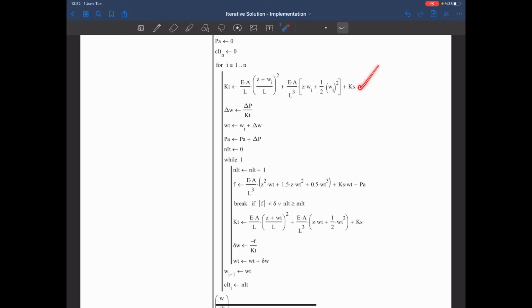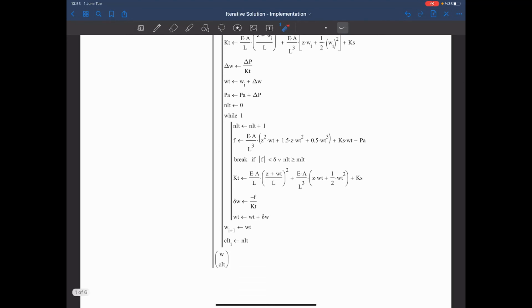We already derived the equation for it. So I'm applying a load increment that's equal to delta P, and dividing it by kt gives me the incremental displacement, and I'm calculating the total displacement by adding the incremental displacement to the displacement of the previous increment, and this gives me the total force.